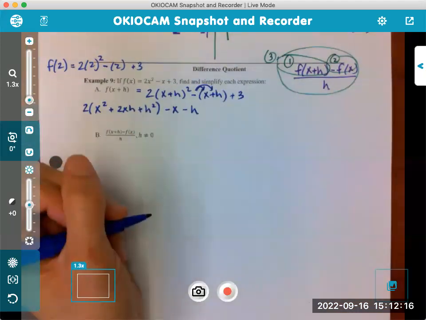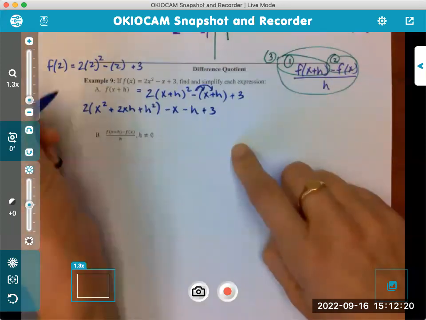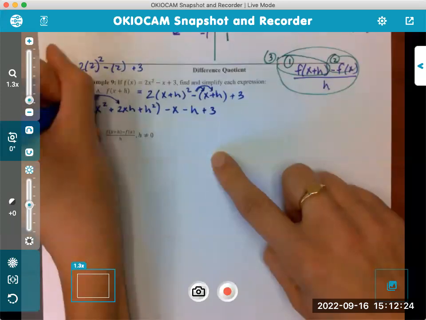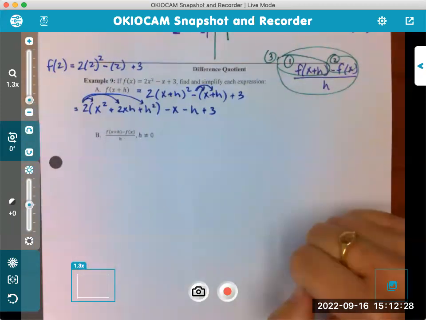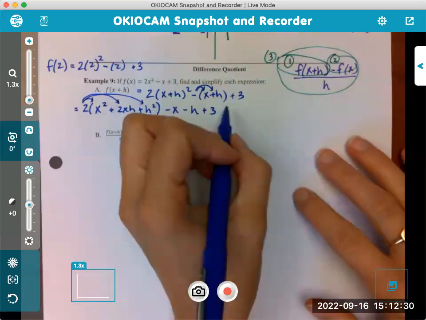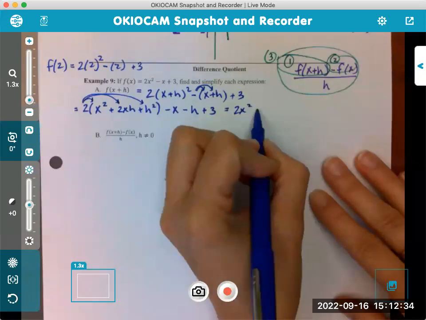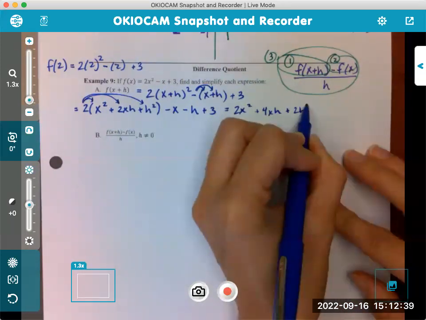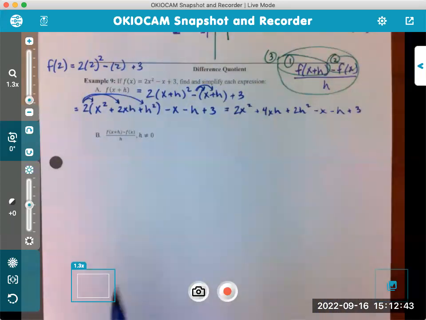Because if you don't have the parentheses, you may not recognize that, and then plus 3. Then we need to recognize that the 2 out front goes to all 3 of that trinomial term. So it's 2x squared plus 4xh plus 2h squared minus x minus h plus 3.